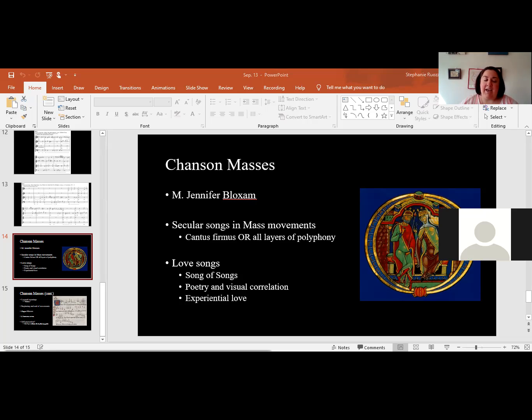What these composers are getting at is what we call an experiential understanding of love. In other words, I grow in love of God by appealing to the worldly love that I already feel. We as humans all know what love feels like on some level, whether that is romantic love or friendship or love of your family, whatever.